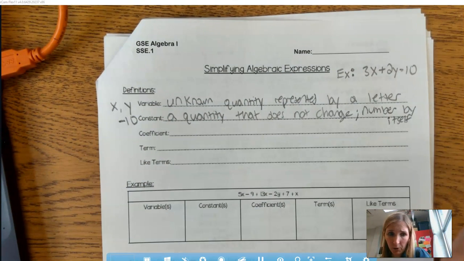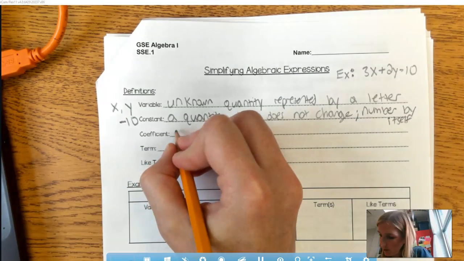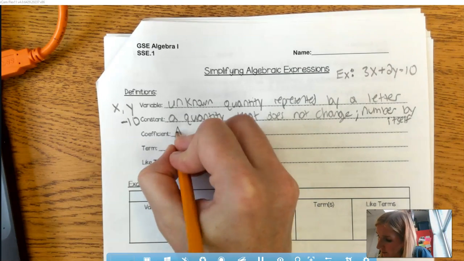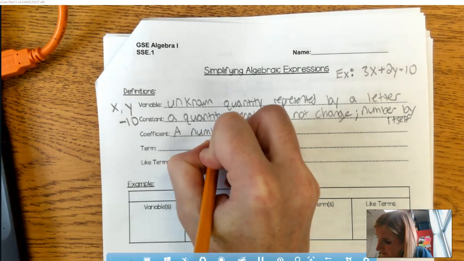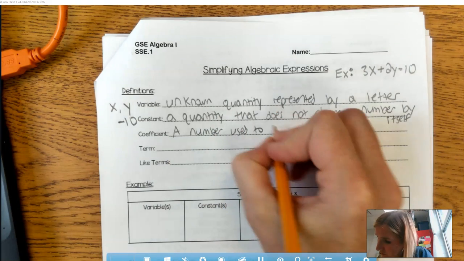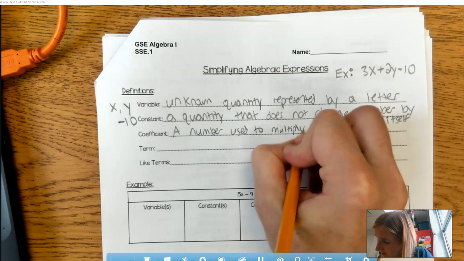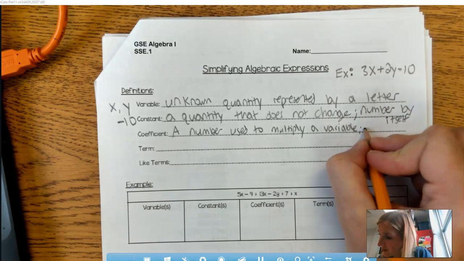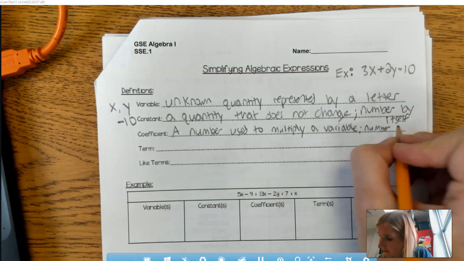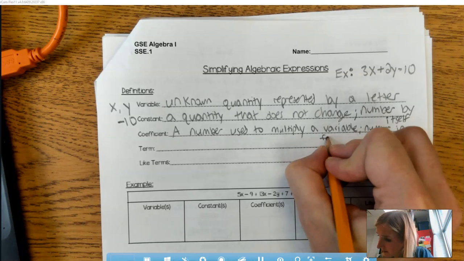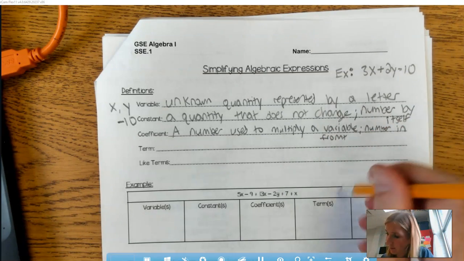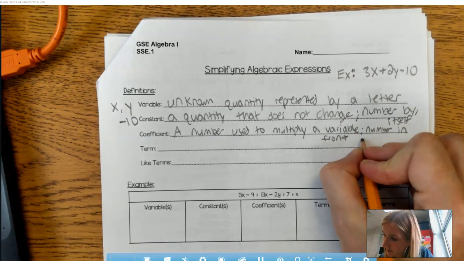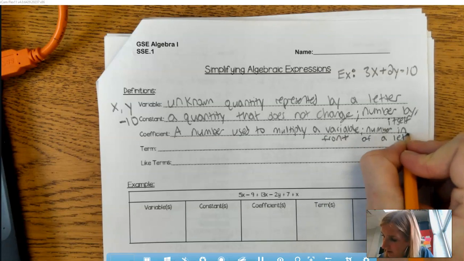All right, coefficient. You've heard me use this before as well. So it is a number used to multiply a variable. So it's the number in front of a letter.